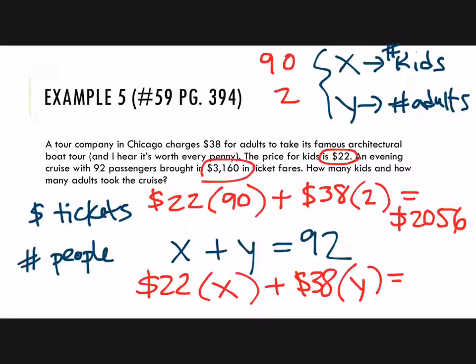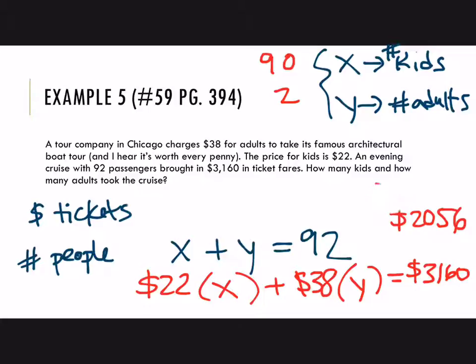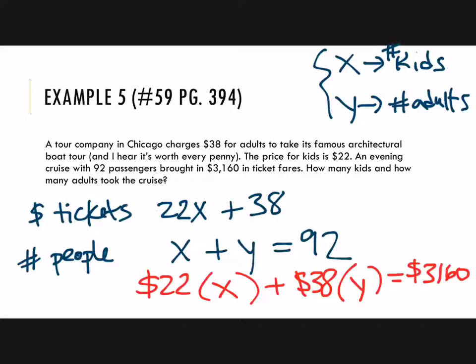We know for sure that there were $3,160 in ticket fares. That gives me the equation I want. I'll skip the dollar symbols now. So we have 22x plus 38y equals 3,160.